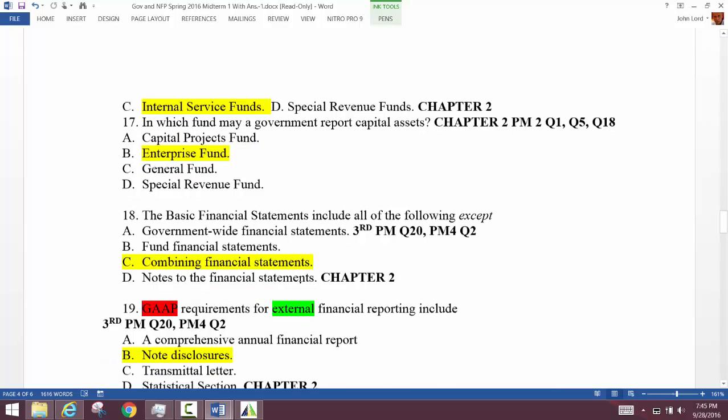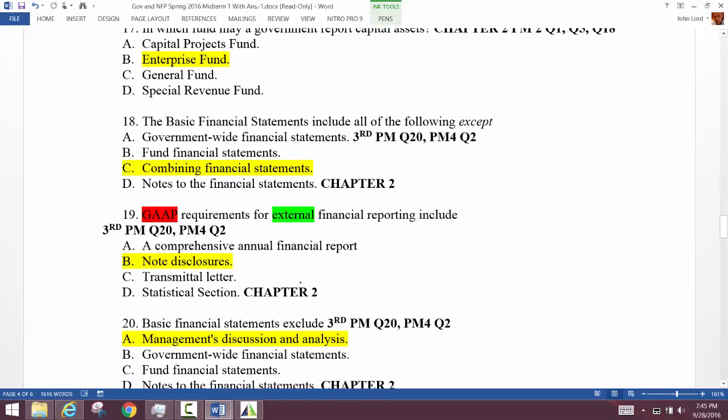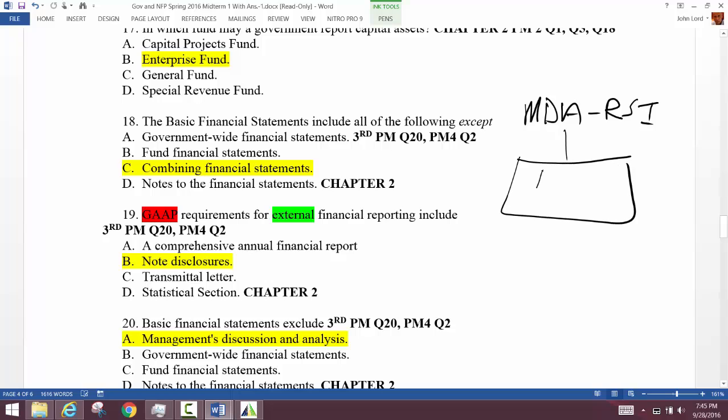No. Okay, we're good. The basic financial statements include all the following except, and combining statements, remember we said were optional, weren't they? But don't forget, guys, you will get some questions that expect you to understand that you have the MD&A. MD&A is what? Required supplemental information, and then you're going to see what next?